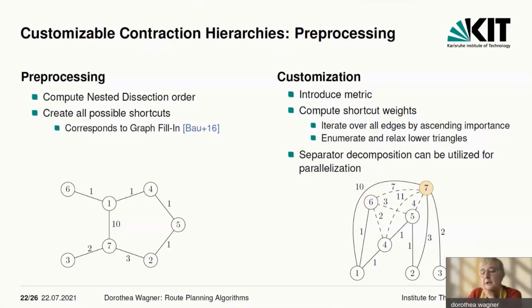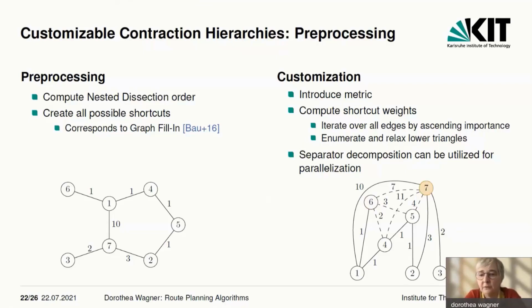Just as a side remark, when we looked at nested dissection or this separator decomposition, I said after the first separation, we can look at the two parts to the left and to the right of this small separator independently. And this means this can be parallelized.